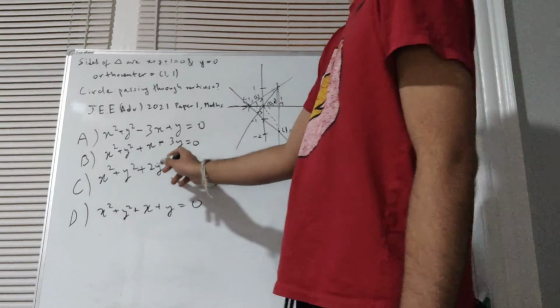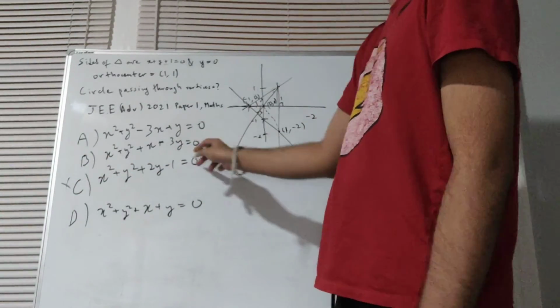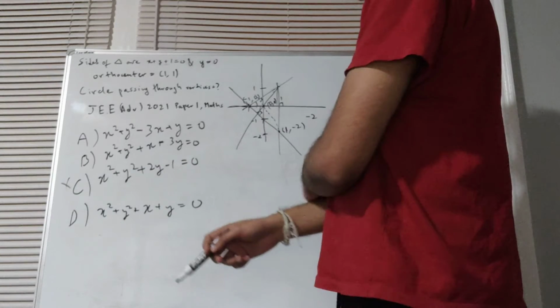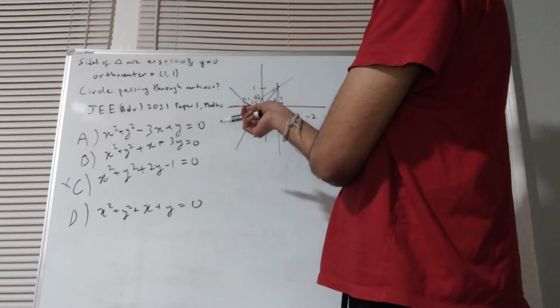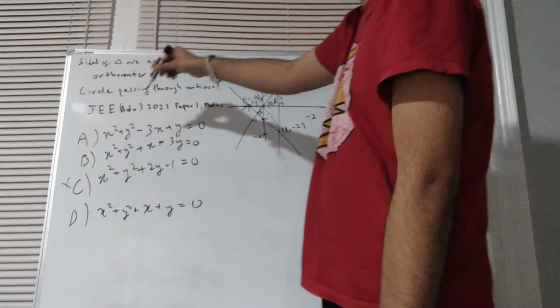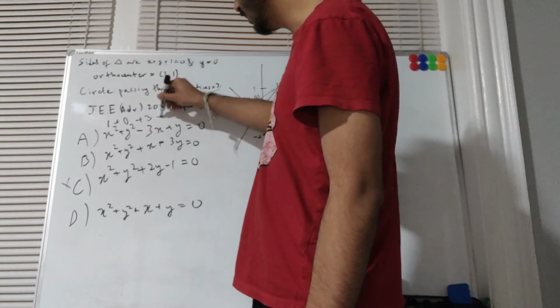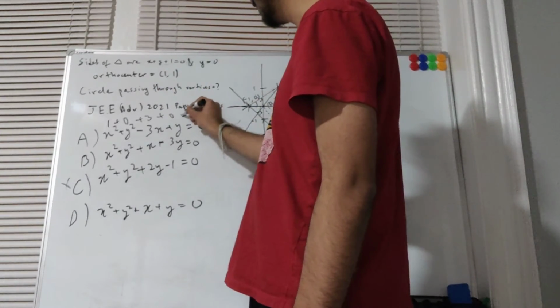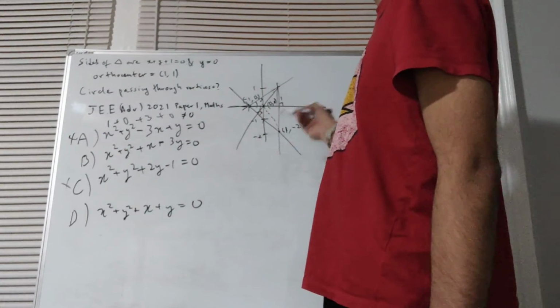So immediately we can remove this option because 0, 0 doesn't satisfy it. It satisfies the other 3. Minus 1, 0 must also satisfy it. So if we plug in minus 1, 0, this will be 1, 0, 3, 0, which is not 0. So this is also not what we want.